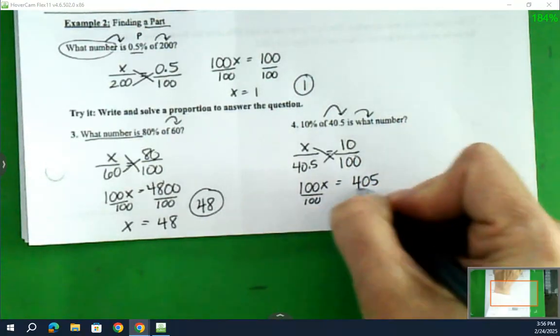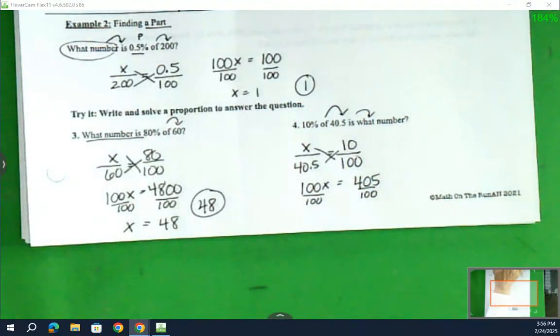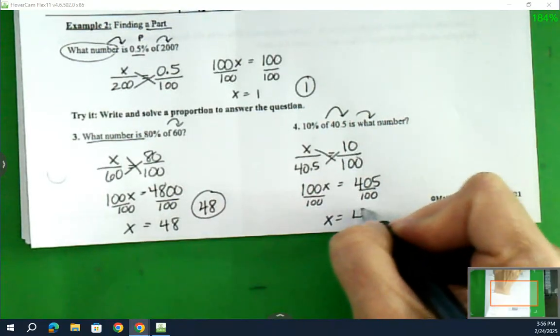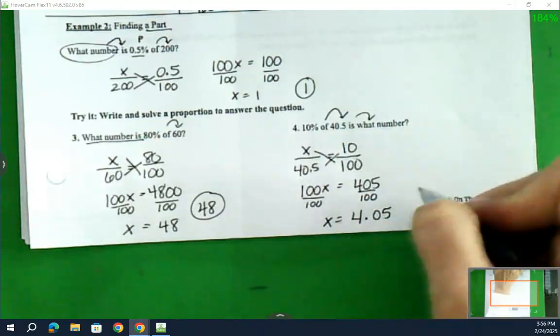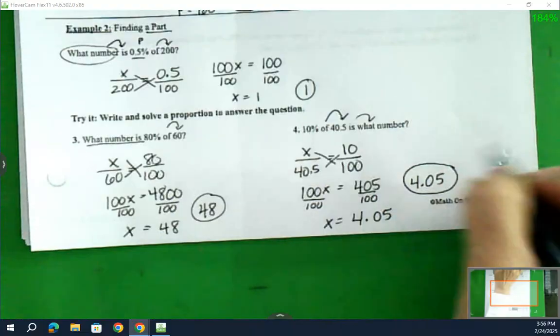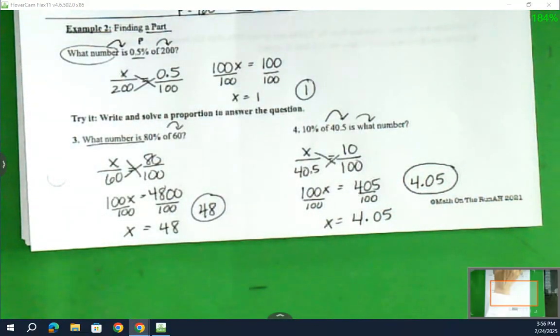Divide by 100, and we get x equals 4.05. So the answer is 4.05. Okay, let's turn it over to the other side.